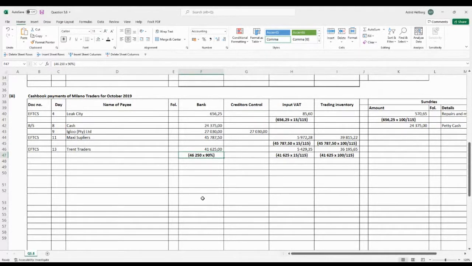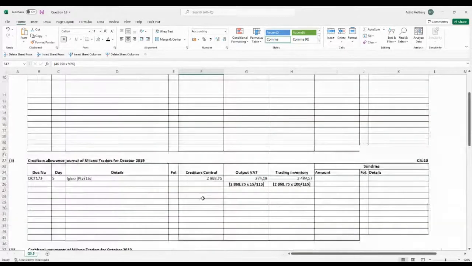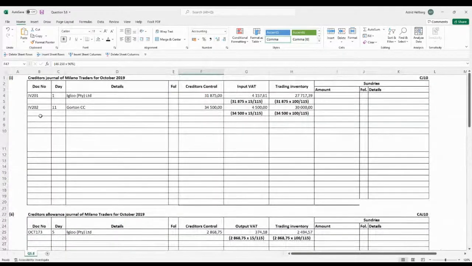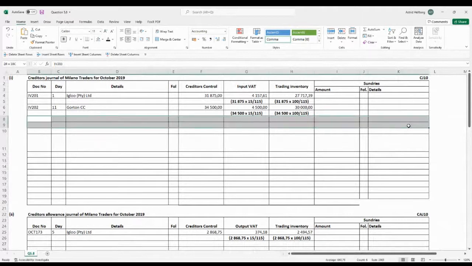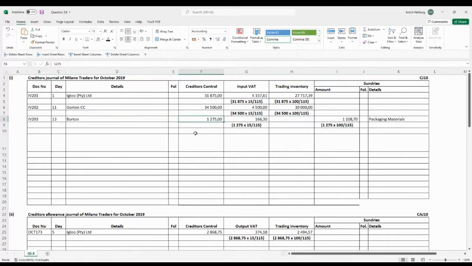Then on the 13th, Burton, we purchased packaging material on credit. Okay, so it's the 1,275 Rand, and then we just apply the VAT the same. And because it's packaging materials, you take it to the Sundry account.